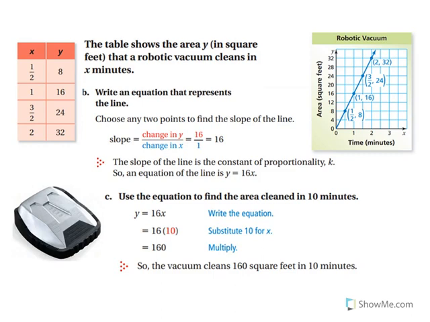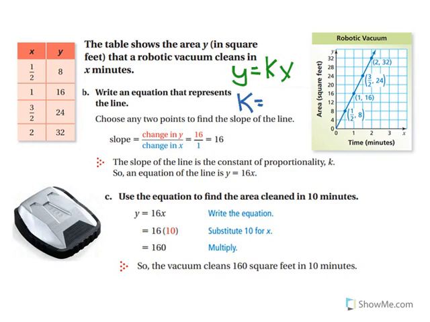Because remember, our equation needs to be written in y equals kx form. And in order to do this equation, we need to find out what k represents. And again, as we learned earlier, k represents the same thing as slope. It's a constant of proportionality. It's the slope, constant of proportionality, the same thing.